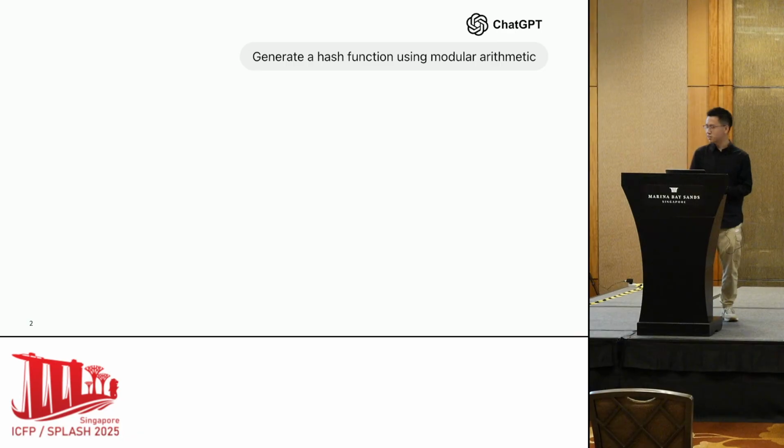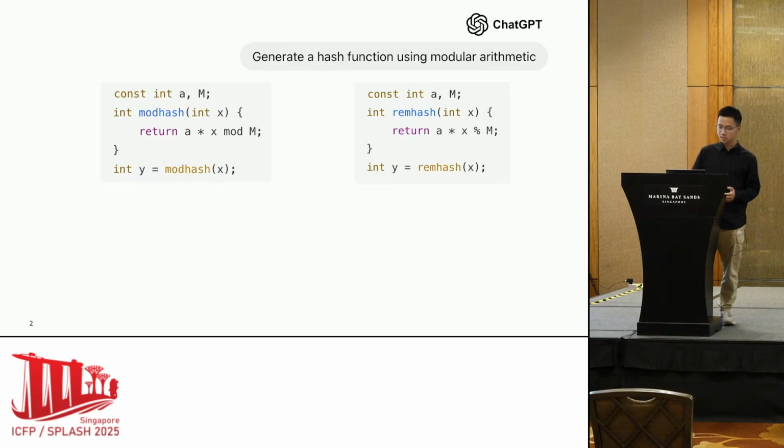Now that we ask ChatGPT to write programs for us, suppose you ask ChatGPT to write a hash function using modular arithmetic, and it will probably give you two options, which look almost identical, a times x mod m, except one uses the modular operator and the other uses the remainder operator.